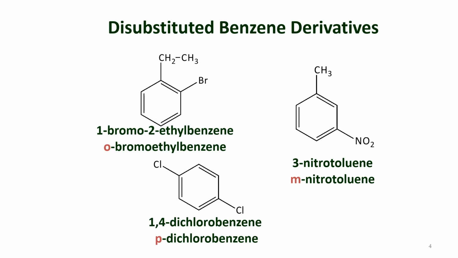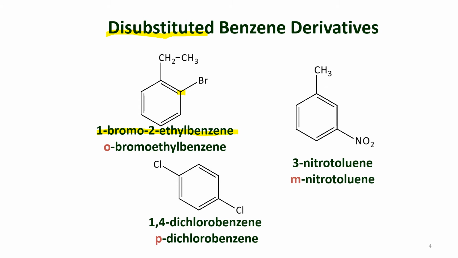So the rules of naming that we saw in the previous couple of slides are applied here for the di-substituted benzenes. As we saw, these substituted groups have to be alphabetically ordered, so that is why B comes before E. So this one becomes carbon number 1, and it is 1-bromo-2-ethylbenzene.